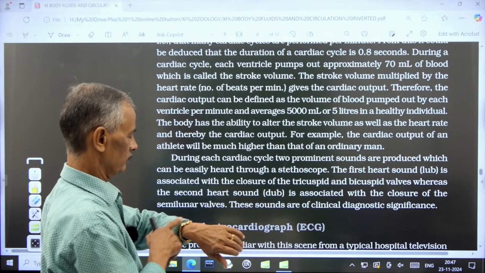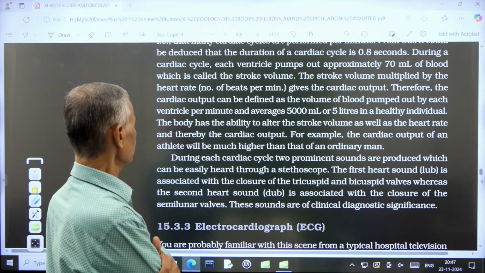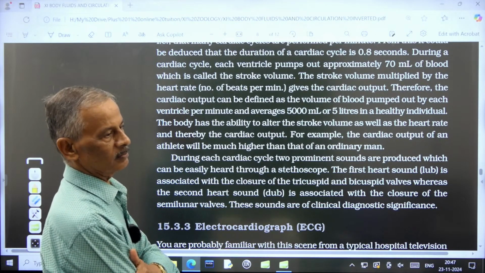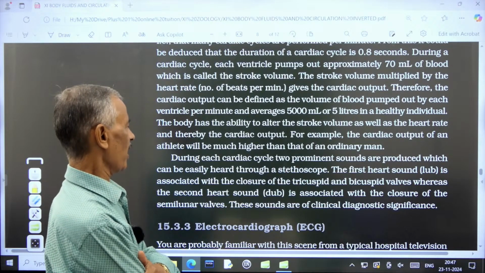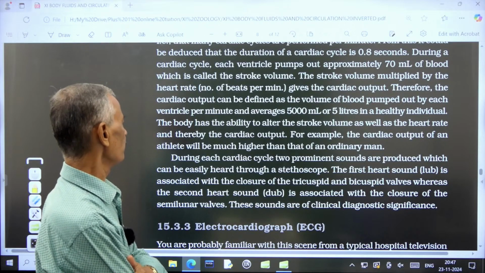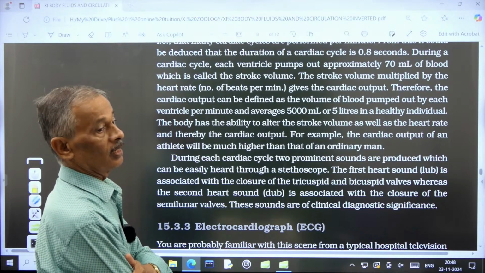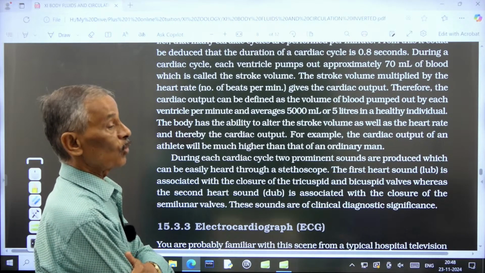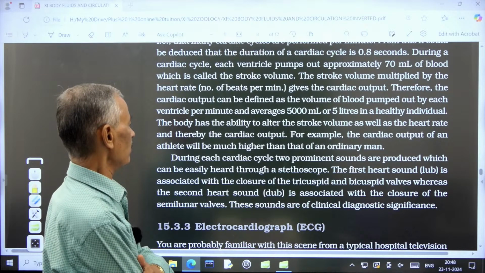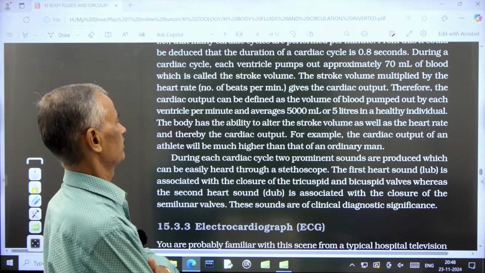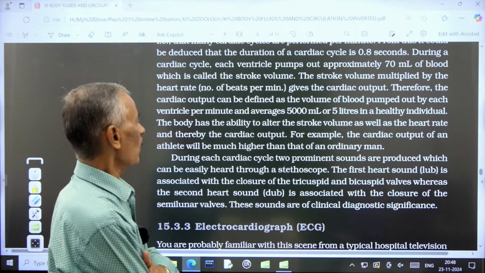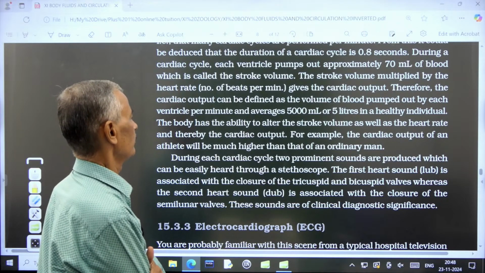Whenever your parents or grandparents are having a problem with the chest, experiencing a pain, doctors will examine them. For hearing the sound, doctors will use a small instrument called a stethoscope. With the help of the stethoscope, the sound can be clearly heard.